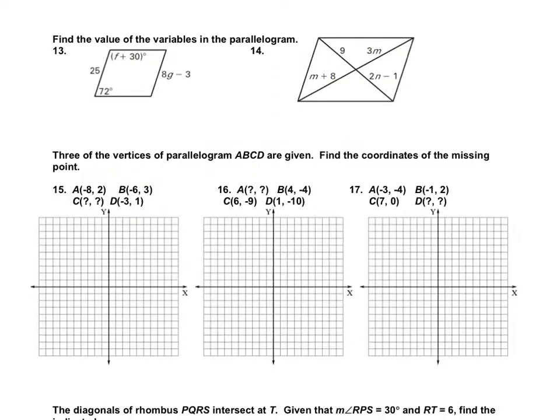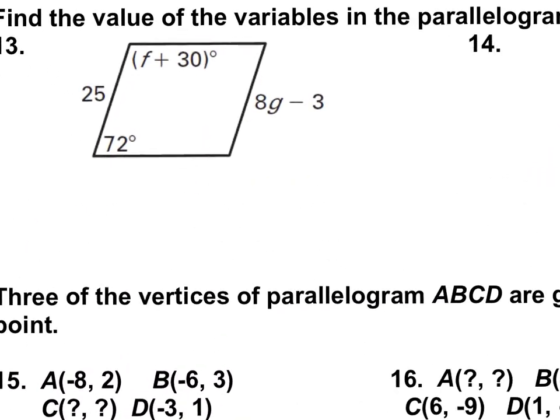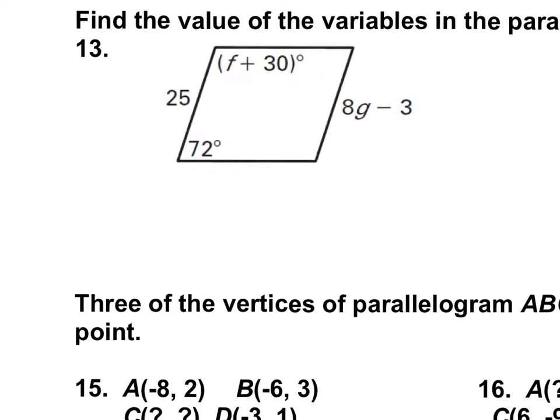Okay, so we're still dealing with parallelograms on this page. One of the other rules that we learned about parallelograms is that consecutive angles add up to 180. So like f plus 30 and 72, together they add up to 180 degrees.